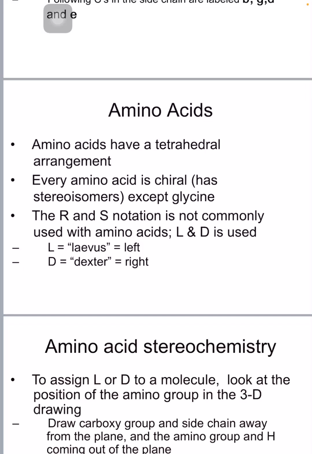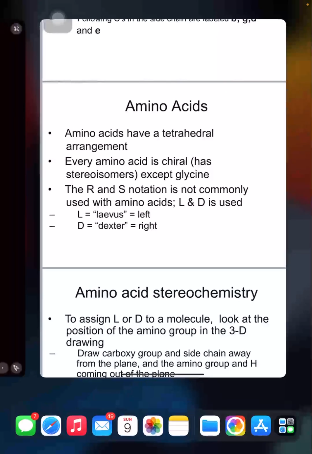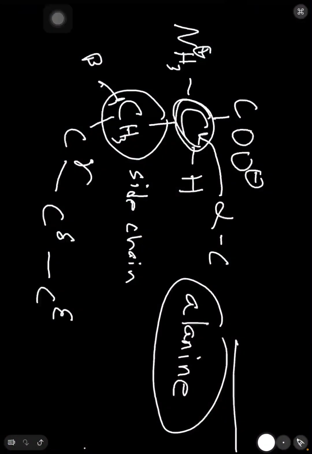Every single amino acid has chirality. Yay, stereochemistry, woohoo! Except for glycine. The reason being that glycine looks like this. Oops, okay.